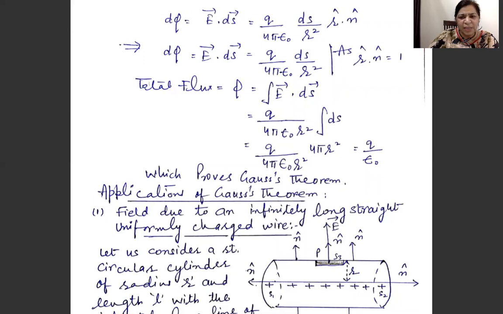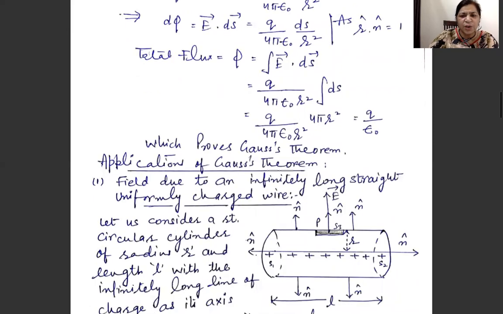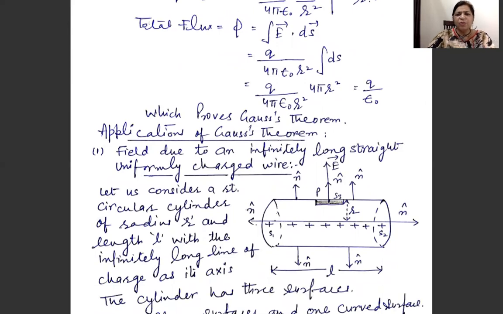So total flux, if we want to calculate, we will integrate both the sides. So flux is equal to the surface integral of electric field intensity. By putting the value for electric field intensity, that is Q by 4 pi epsilon naught R square, and the integral of ds, we will be having Q by 4 pi epsilon naught R square times the integral of ds, which will be equal to 4 pi R square, as this is a sphere and the total surface area for a sphere is equal to 4 pi R square.